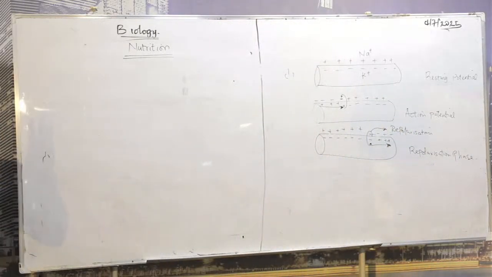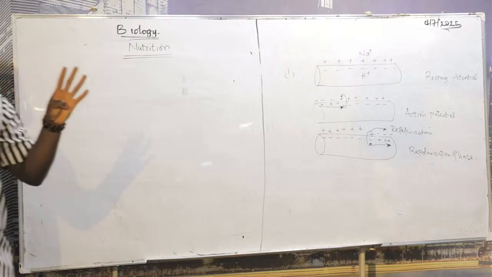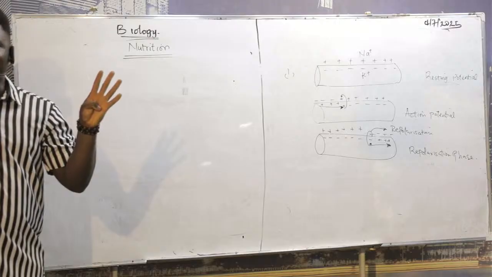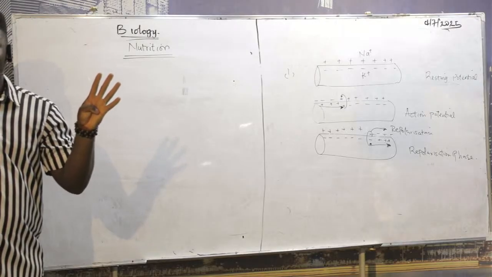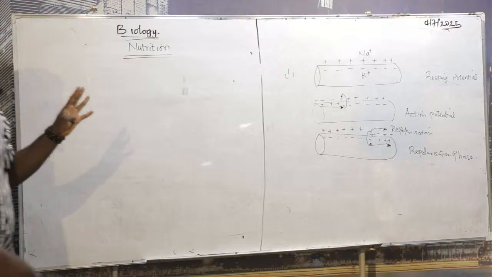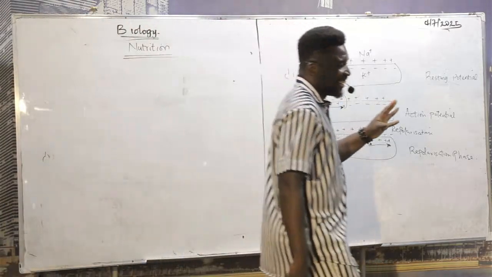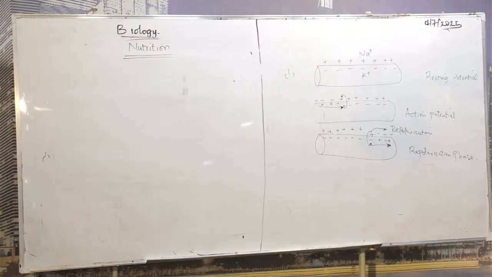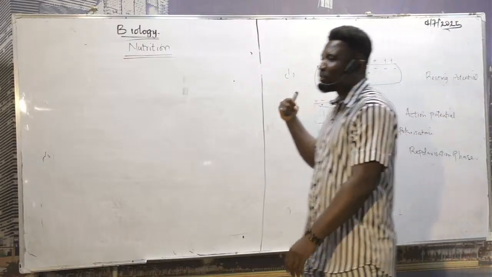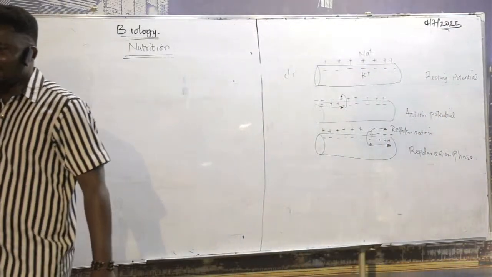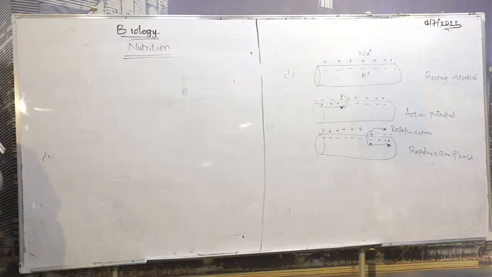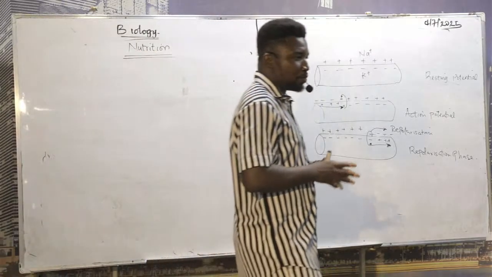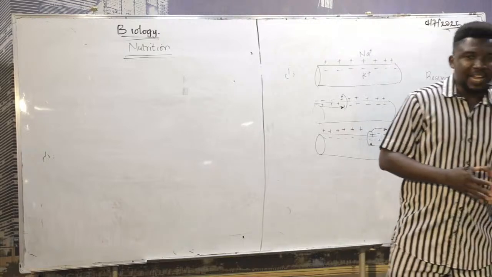Nutrition. The fourth one is called what? Irritability. The fifth one is what? Excretion. But sometimes some topics divide that into competition, adaptation, and lifespan.